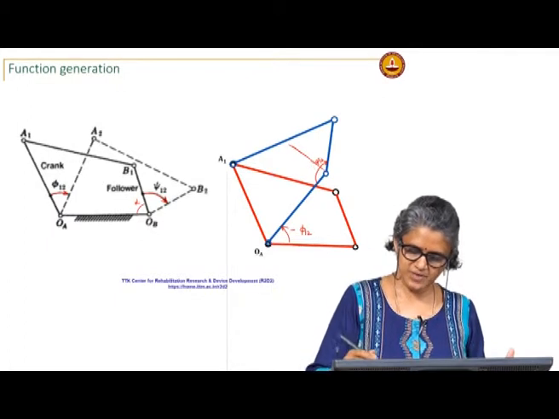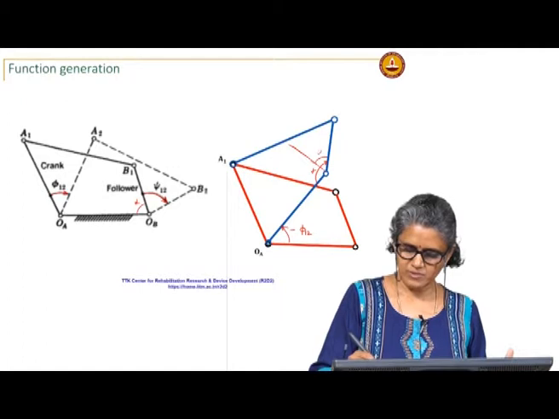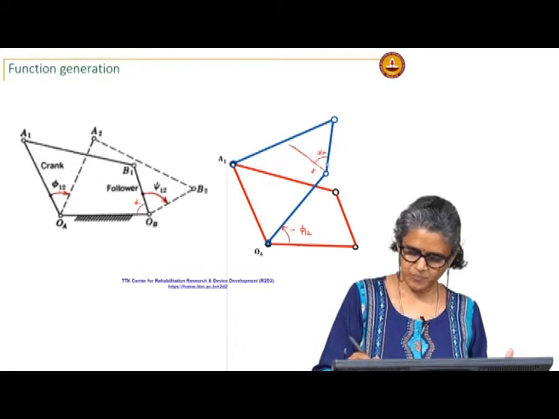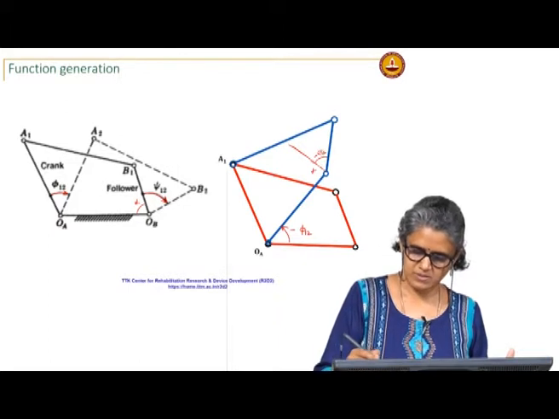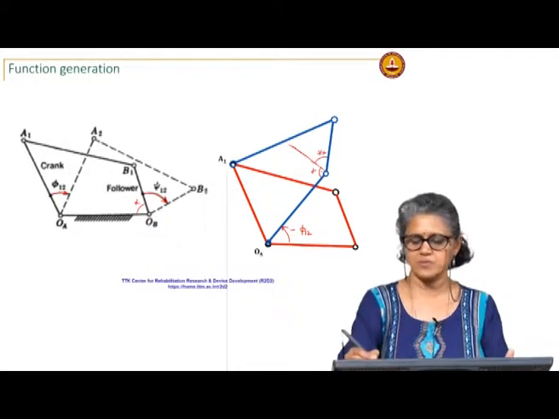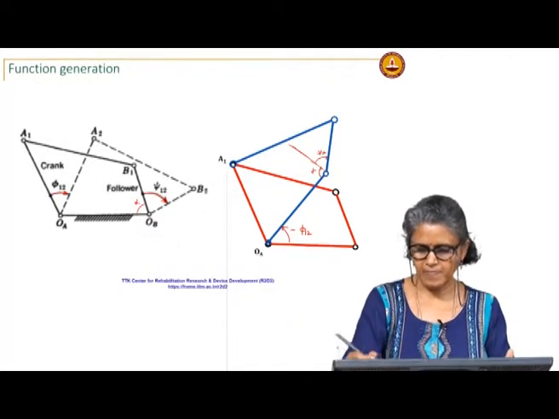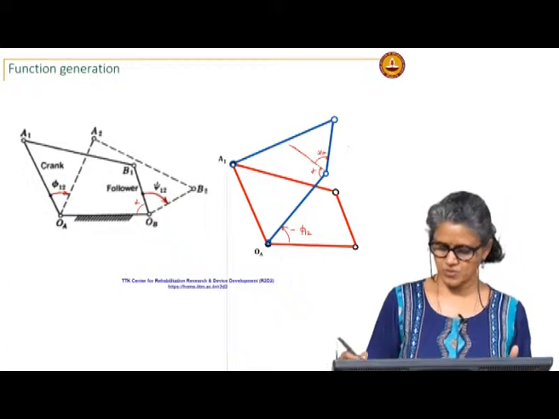So, this would be alpha, and this angle would be plus psi 1 2. This is alpha, this is psi 1 2.